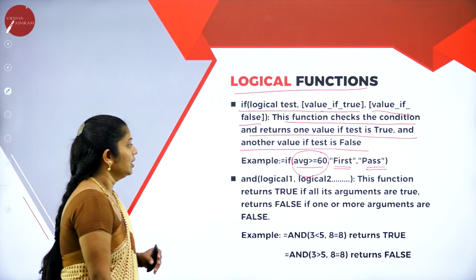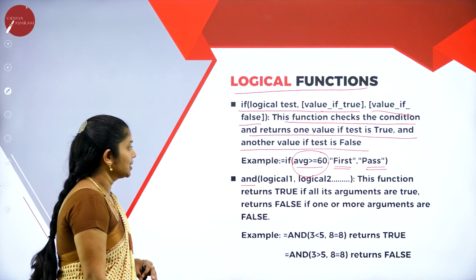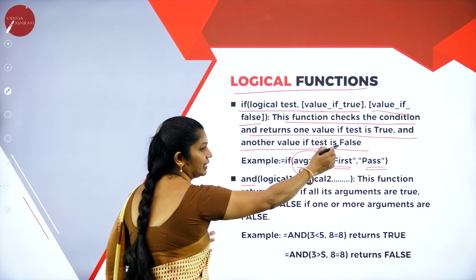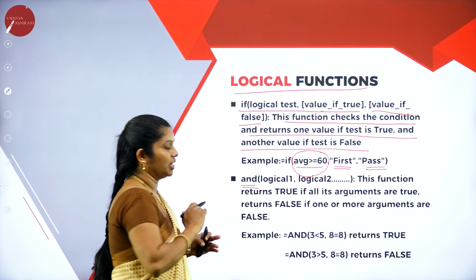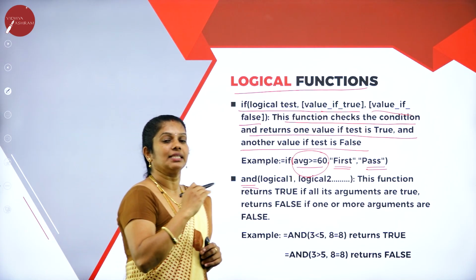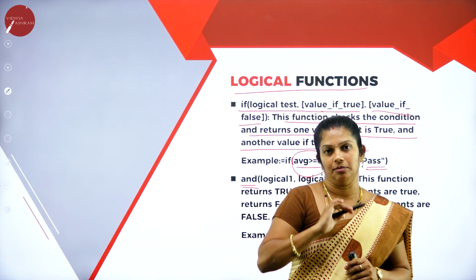Now is it clear? Then the next one, the AND condition. In an if condition, we apply the condition and get the result. But in an AND condition, all the conditions have to be satisfied. Consider that a student has written the exam for 4 subjects.